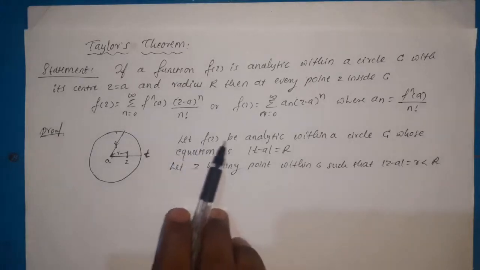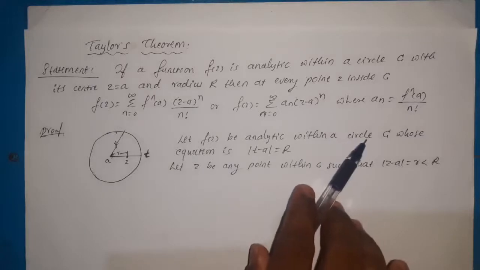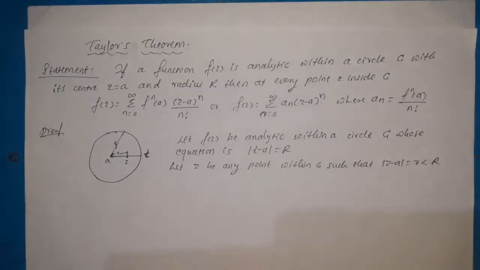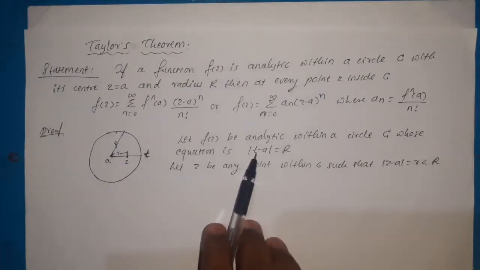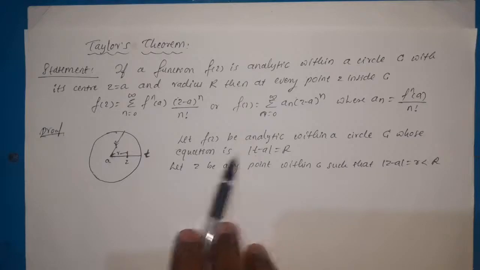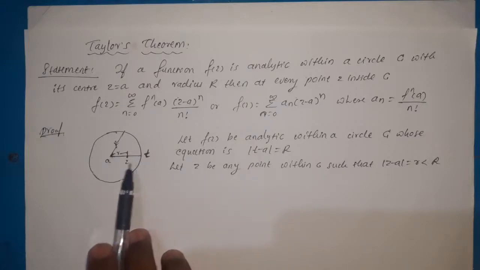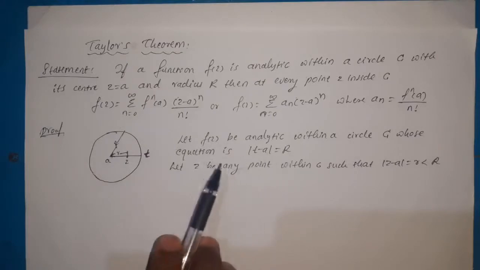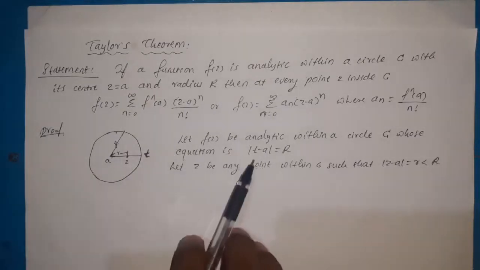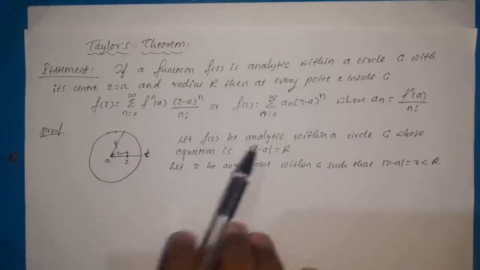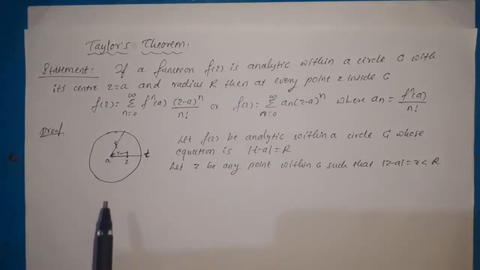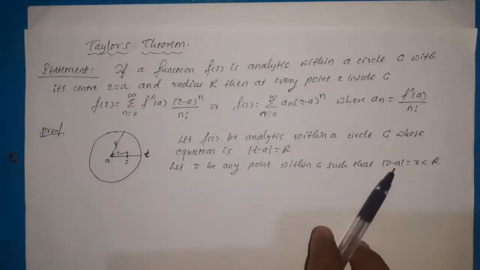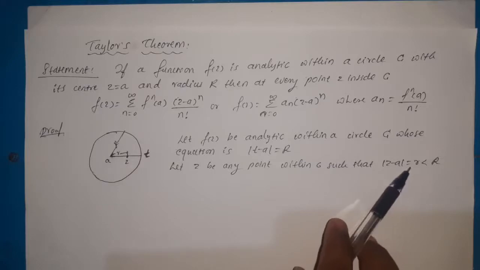Here let f of z be analytic within a circle C whose equation is mod t minus a is equal to R. Here t is the point on the circle, a is the center of the circle, and capital R is the radius. Therefore the equation of the circle is mod t minus a is equal to R, and the equation at the point z inside the circle is given by mod z minus a is equal to small r.